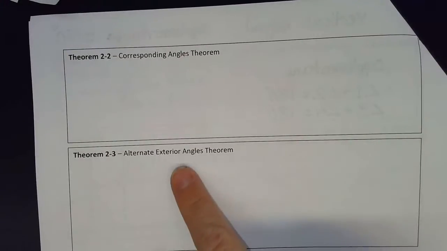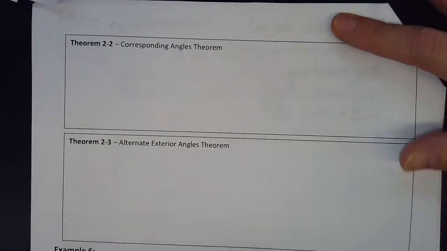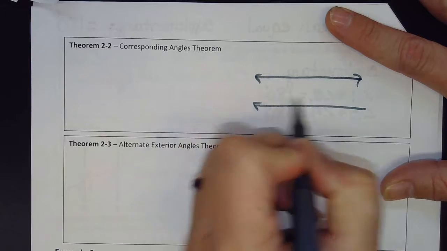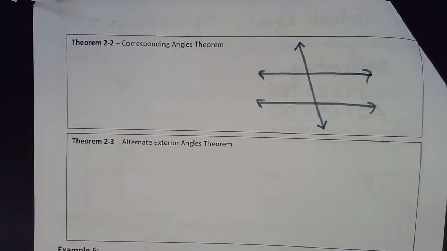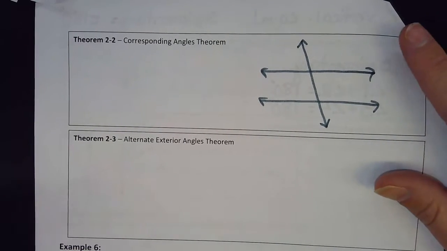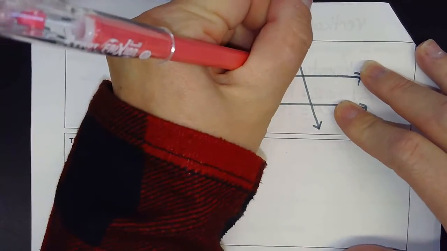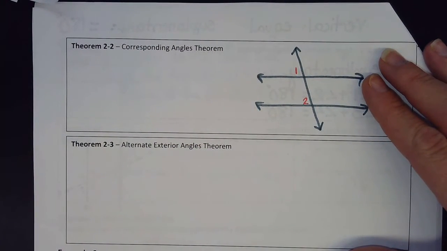Last pair are corresponding, because I took care of those already. Corresponding angles are those angles where the name doesn't really help you out when you're finding where the angles are. Corresponding angles, they are on the same side of the transversal, but you have one on the inside, one on the outside. So like right here, these angles right there, angle 1 and angle 2.